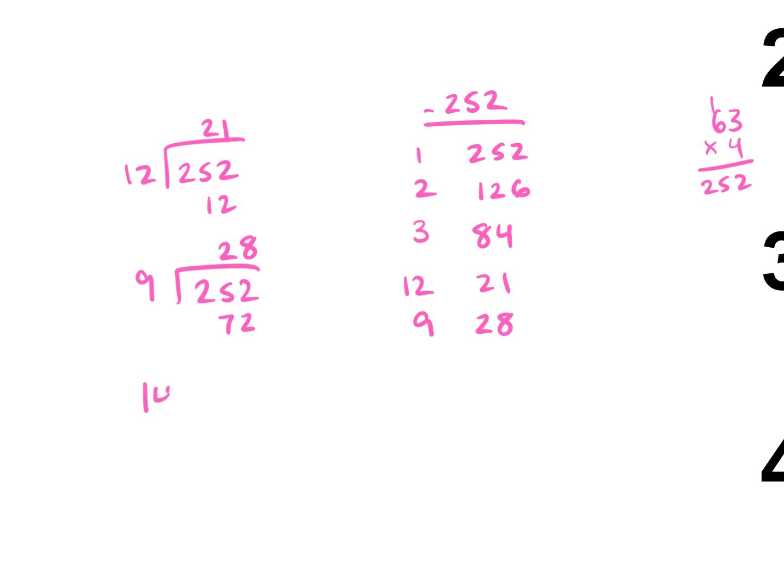Let's try 14. 14 goes into 25 once with 11 left over. And 14 goes into 112. Let's check. Eight times, because 14 times 8 would be 112. Yeah. So 14 and 18. Does that work?